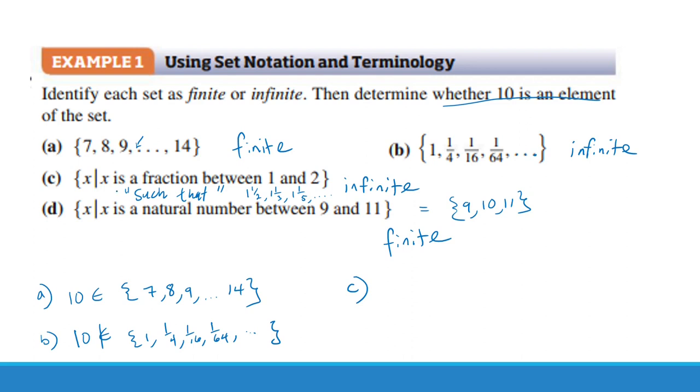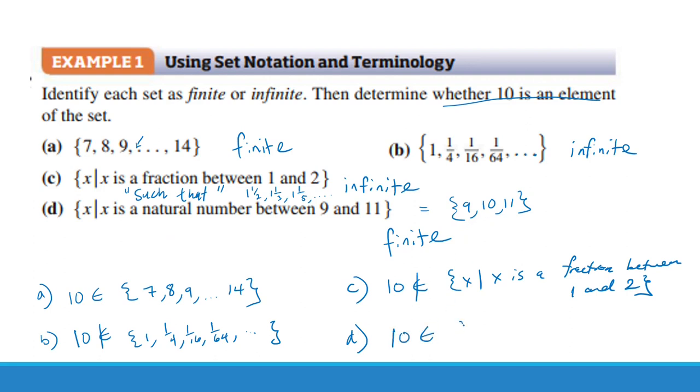In part C, x such that x is a fraction between 1 and 2. 10 is not going to be in this set because 10 is not a fraction. Ten is not a fraction between 1 and 2. In part D, we already know the set is just the numbers 9, 10, and 11, so 10 is an element of the set.